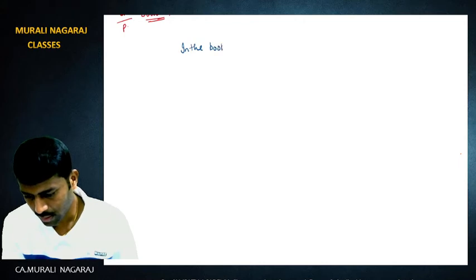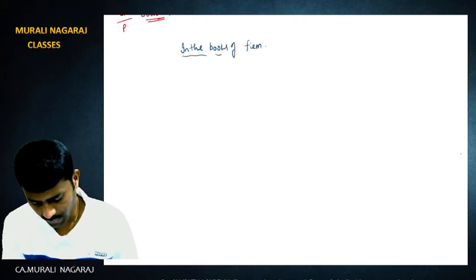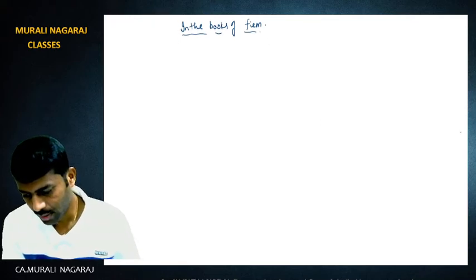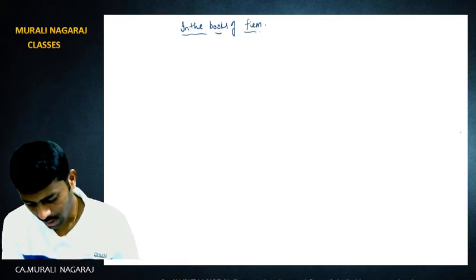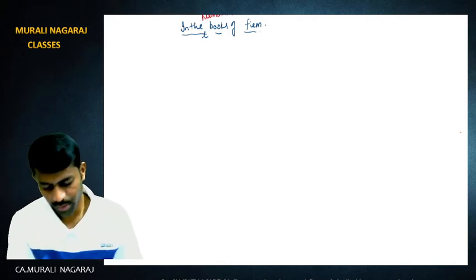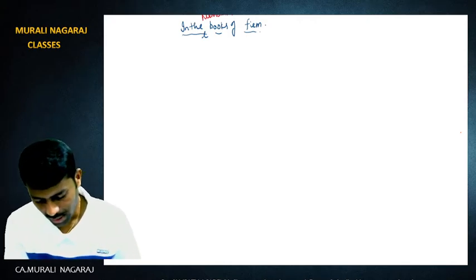Now in the books of the firm, this is in the memorandum books. You can add it in the memorandum books of the firm. So how will it be there? First is the sale or return in the memorandum books.